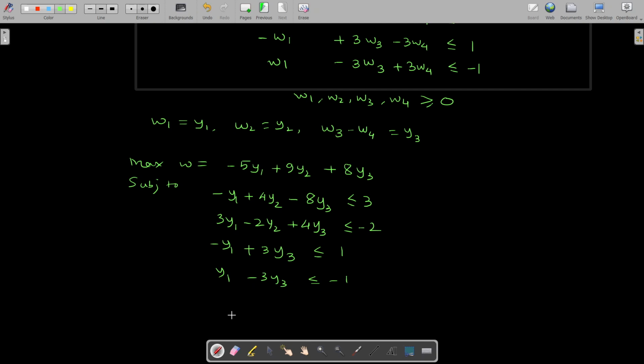So in this case we have y1 and y2 greater or equal to 0, but y3 is unrestricted in sign.